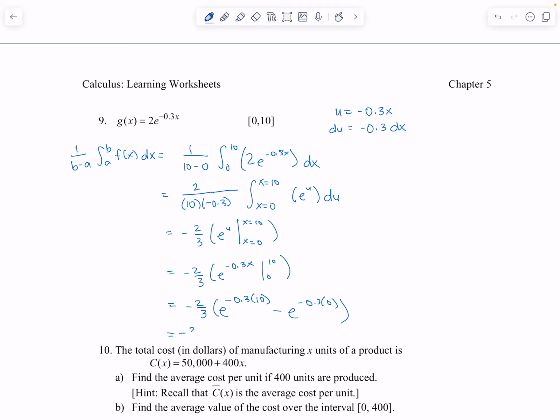We'll have negative 2/3 times e to the negative 3 minus 1, which is approximately 0.63.